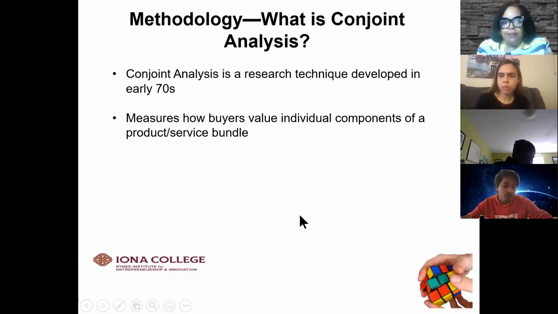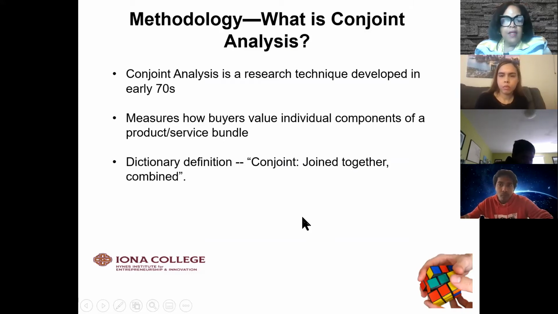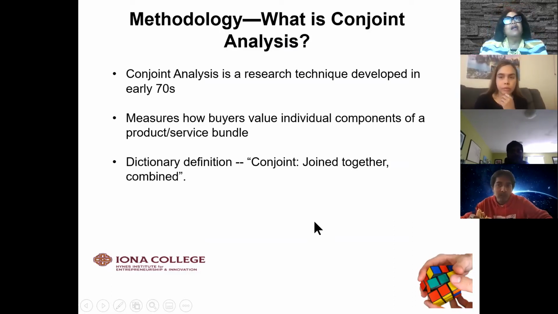So how do you optimize that bundle? So in the dictionary, conjoint really is defined as joined together, combined.